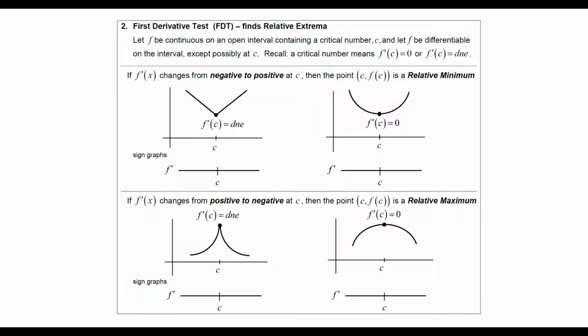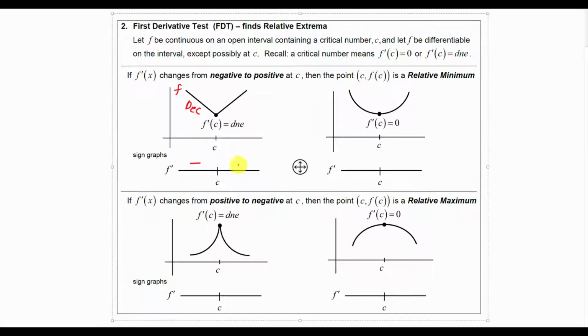So we have two graphs, where in one of them f prime of c does not exist, and in another f prime is equal to 0. Now, either way, if f prime sign changes from negative to positive at critical number c, then c comma f of c is a relative minimum. Do you get that? Because if f prime is negative, then your original f will be decreasing at that time.